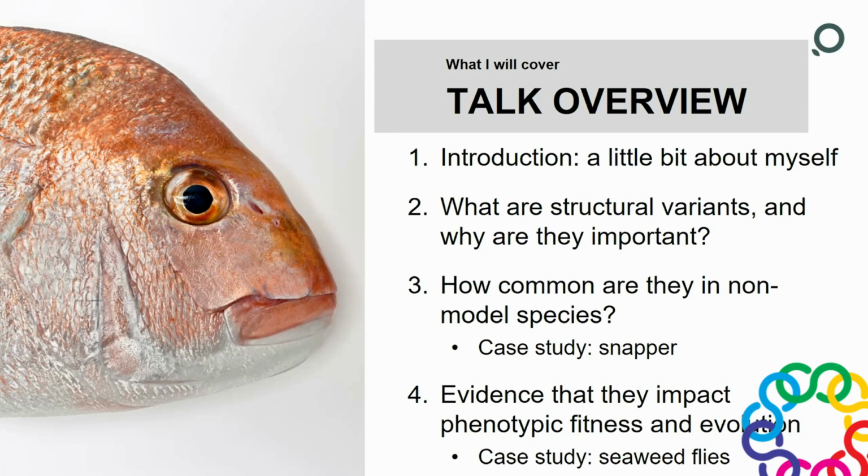It's a seaweed fly, Coelopa frigida. And this is a really great study system to look in more detail at the role of structural variants. And here I will look at inversions and ask the question, what are actually the impacts of inversions on eco-evolutionary dynamics in a species, looking at fitness consequences? Okay, so that's roughly the outline of my talk today.